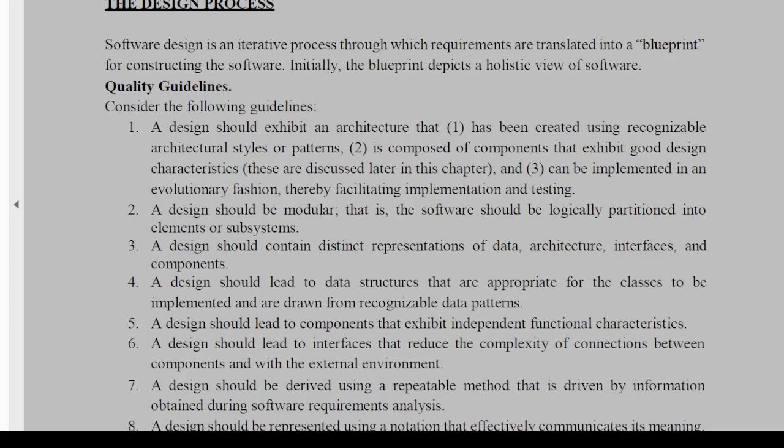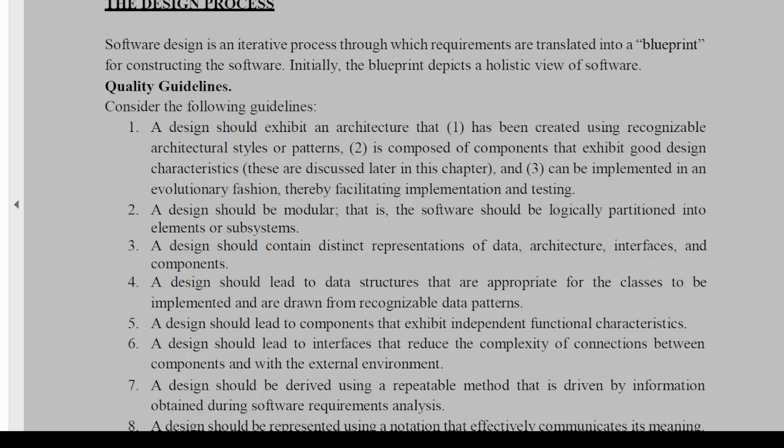Software design is an iterative process through which requirements are translated into a blueprint for constructing the software. Design is represented at a high level of abstraction, and software quality guidelines and attributes. There are 3 characteristics.